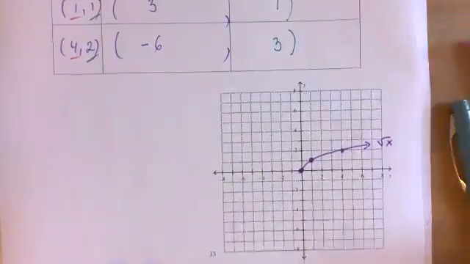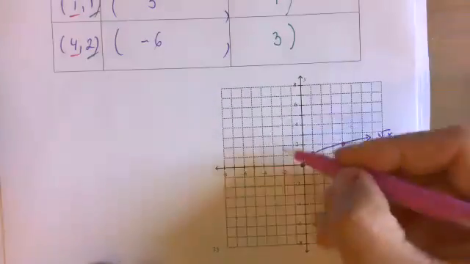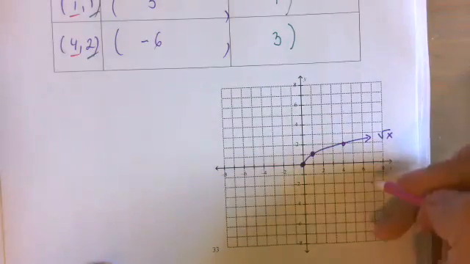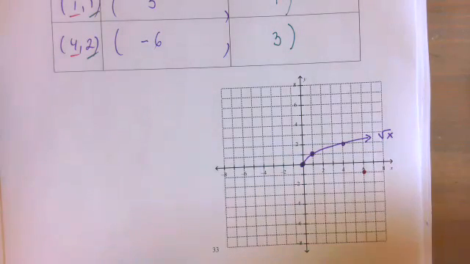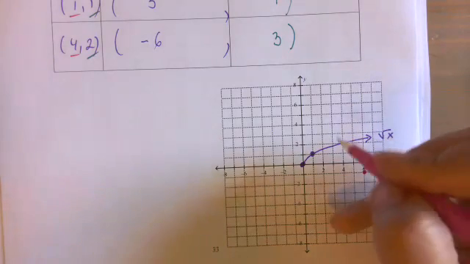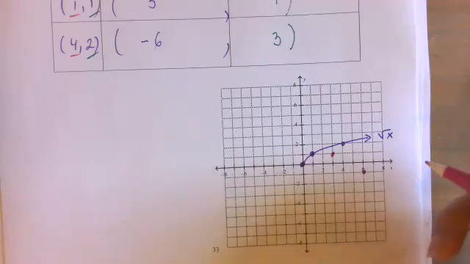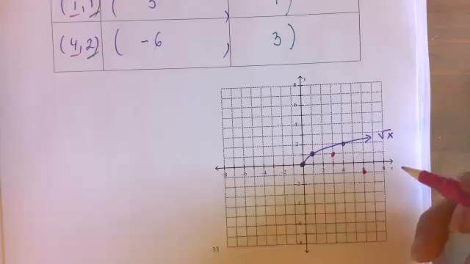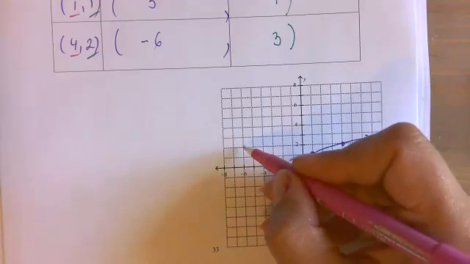We go to our Cartesian plane. 6, negative 1. 3, 1. And negative 6, 3.